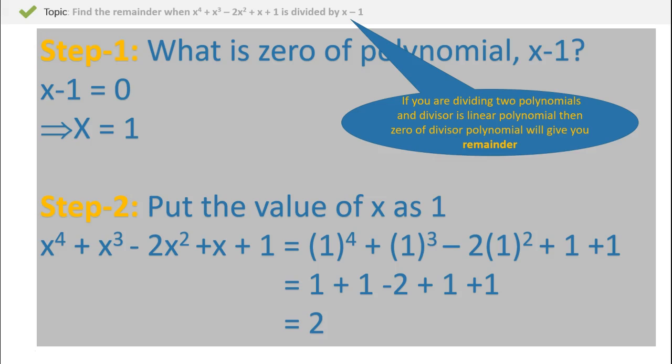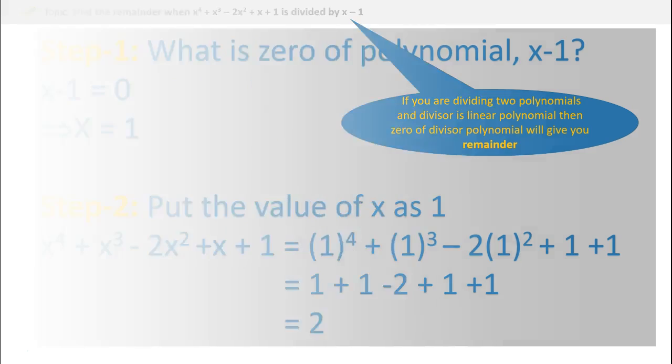And if you get 0 of the linear polynomial, just replace that value to the variable of your dividend polynomial, and your output of doing this is basically your remainder. And this is a very interesting fact, right? And this is the logic on which your remainder theorem is based on.